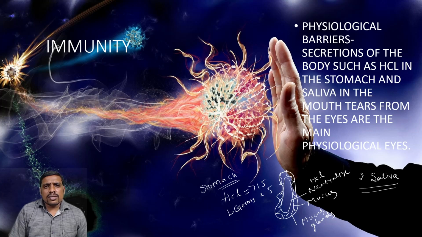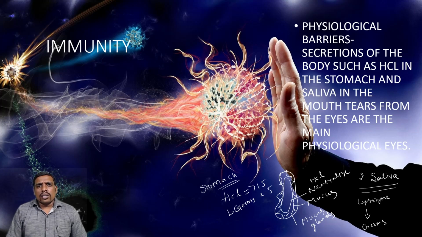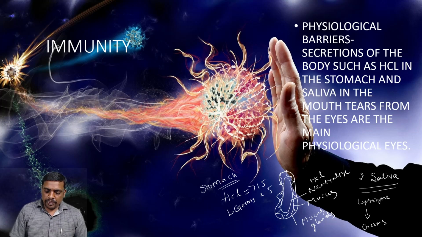Saliva contains some inorganic ions and some enzymes. Even lysozyme is present in the saliva, which can act upon germs and neutralize them during mastication of the food in the mouth. Now, take the tears produced by the tear glands.